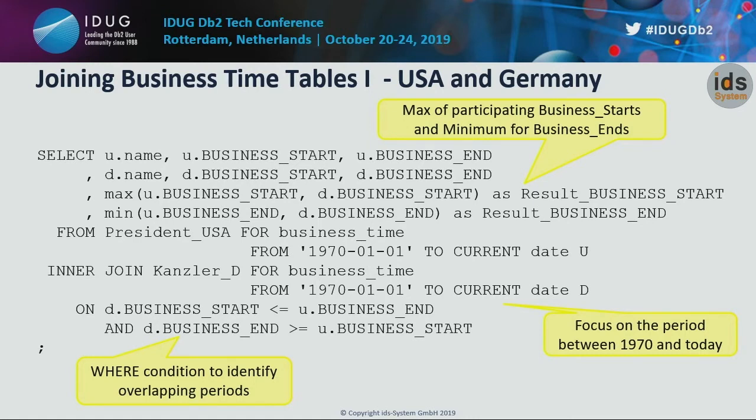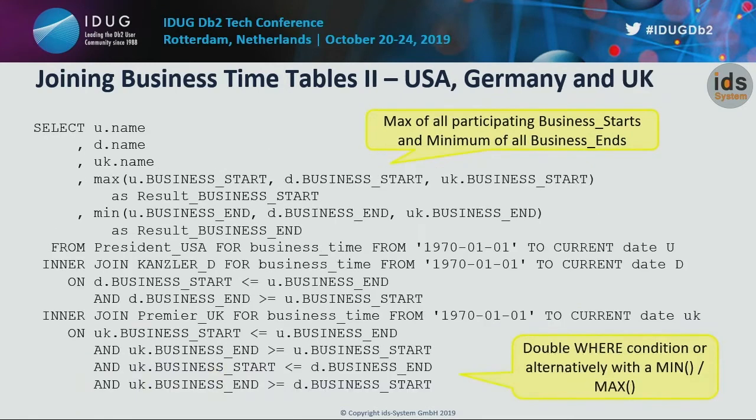Okay? With that, let's take it one step further. Let's add UK. You know, UK has been a kind of a problem recently. It gets more complicated, so it seems to be a real life scenario. No, just joking. In this case, we just add the premier again.